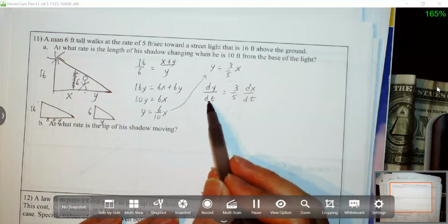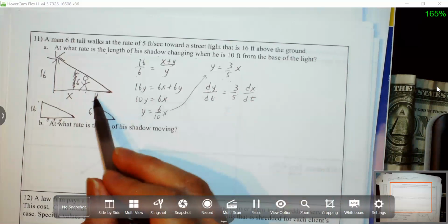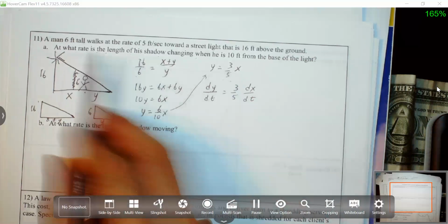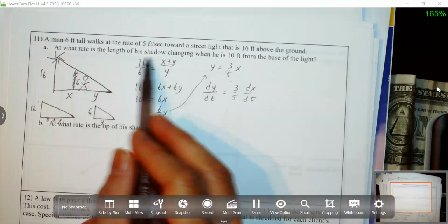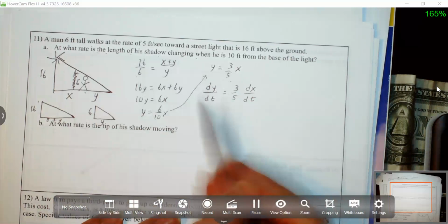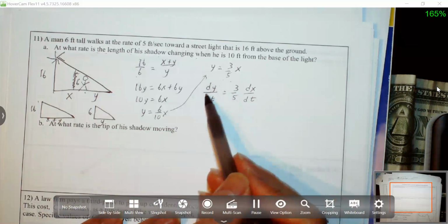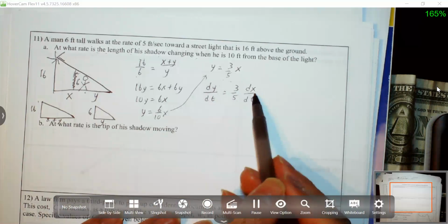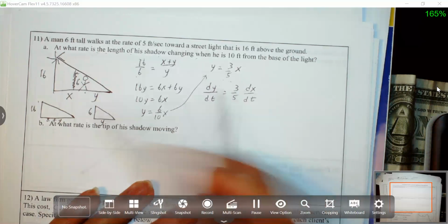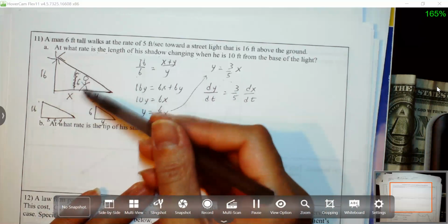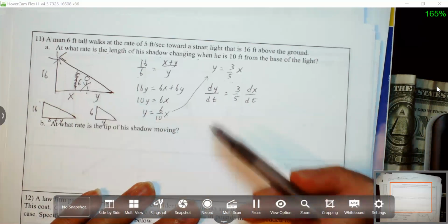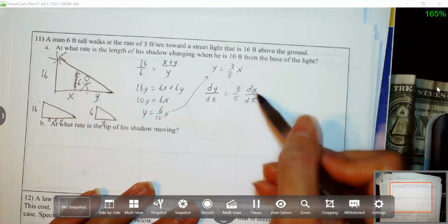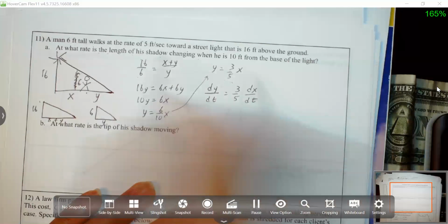Now I'm solving for dy/dt, since y is the shadow length, and I'm asking the rate at which the length of his shadow is changing. So now I know dx/dt. Oh, and I apologize, I didn't set up what we know, what we're given, and all of that stuff.